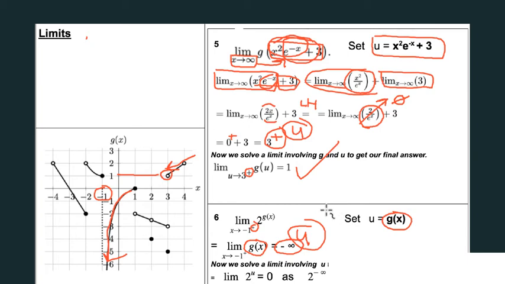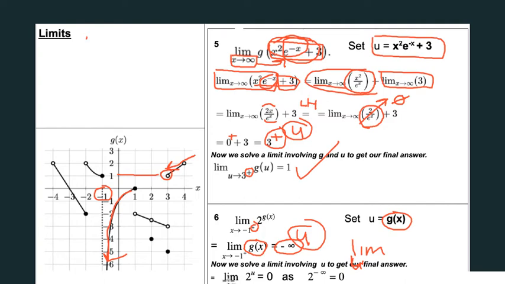So now we do the limit, I should write it over here, limit as u approaches -infinity.